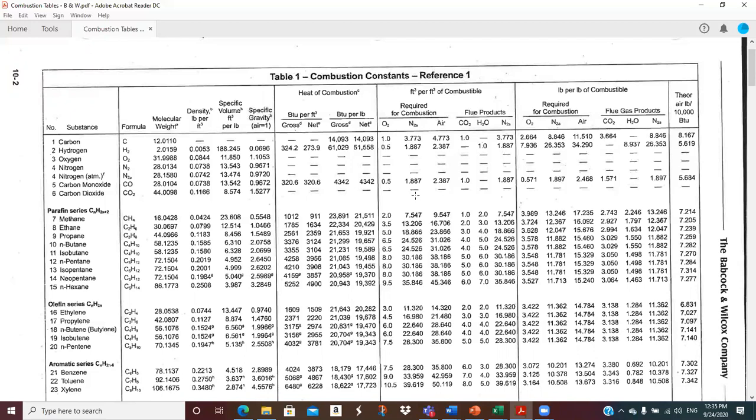This is almost 50,000 CFM. If I'm at 50% excess air, I have to multiply this by 1.5, so that's 74,600. For playing around with this calculator, I'm going to say 75,000 CFM, okay?